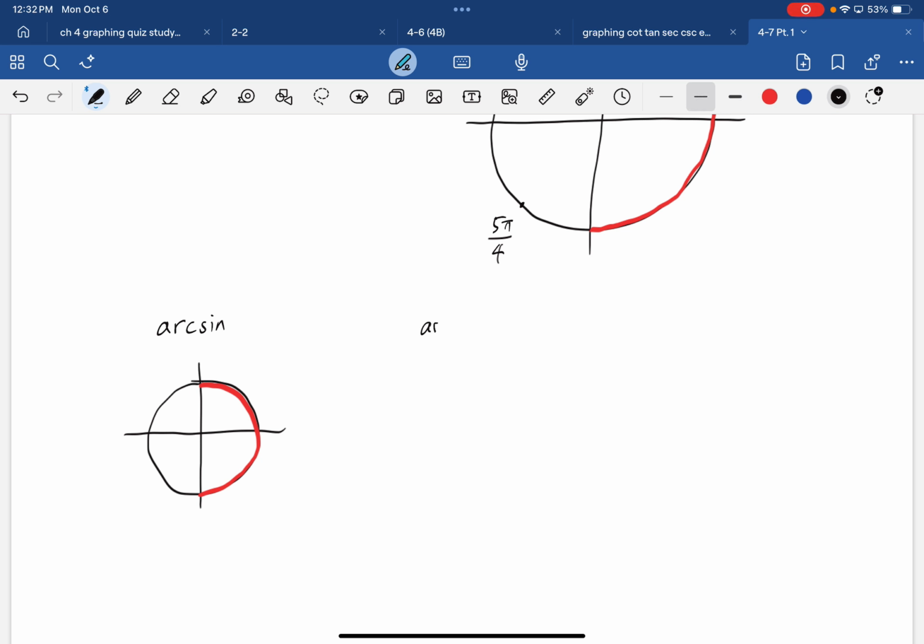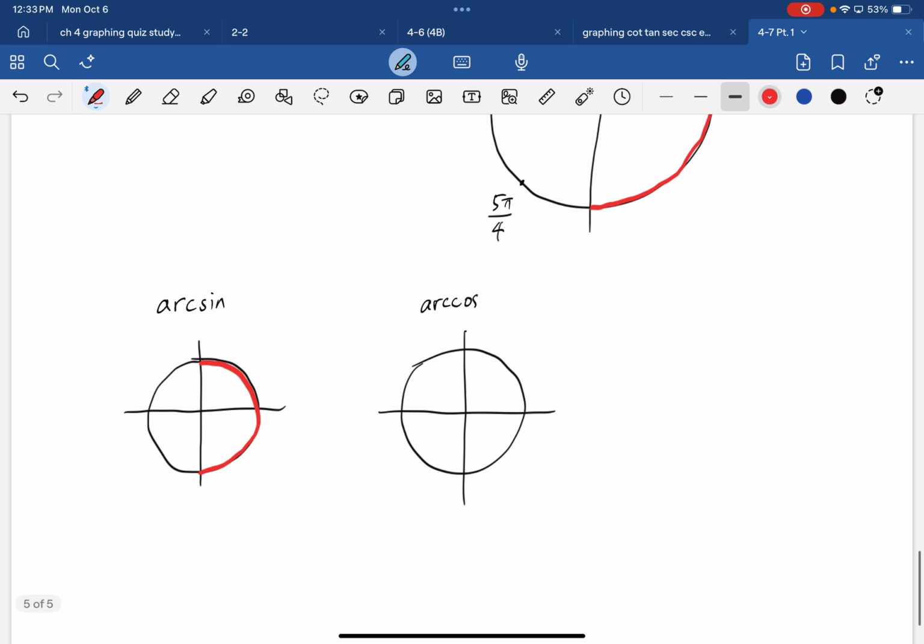Arc cosine is quadrants 1 and 2 only, right? So that's these two. Then arctangent is same as sine, right?